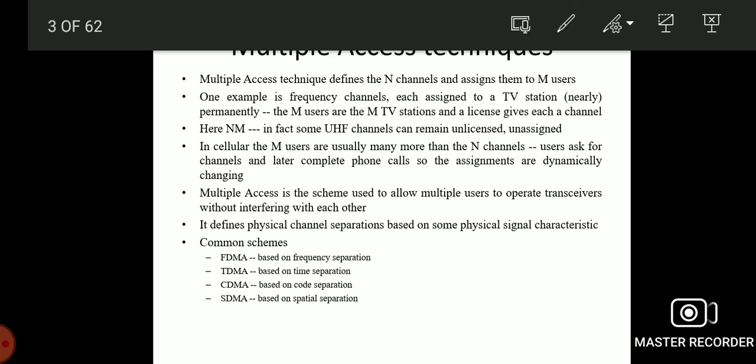Now the duplexer device is kept in the mobile unit and base station for enabling simultaneous conversation. So this is an overall introduction to frequency division multiplexing and the multiple access techniques. It is one of the FDMA.